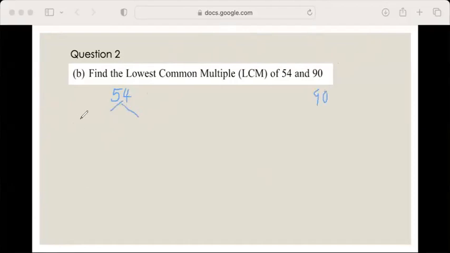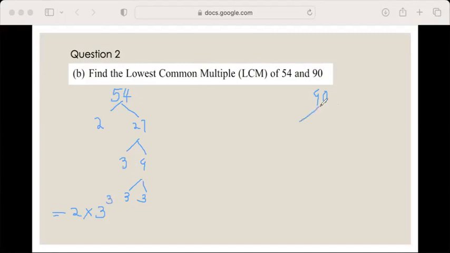So 54 is 2 times 27. 27 is 3 times 9. 9 is 3 times 3. So we have the factors here, 2 and 3 cubed, 3 times 3 times 3.